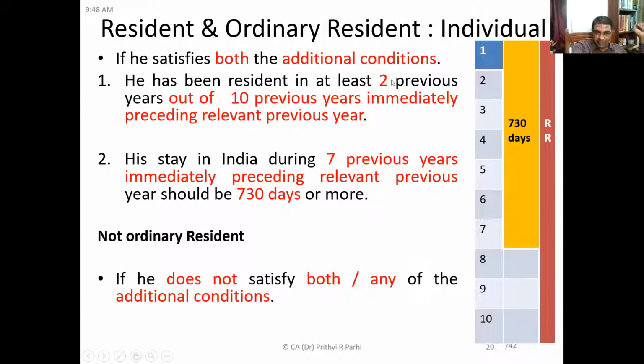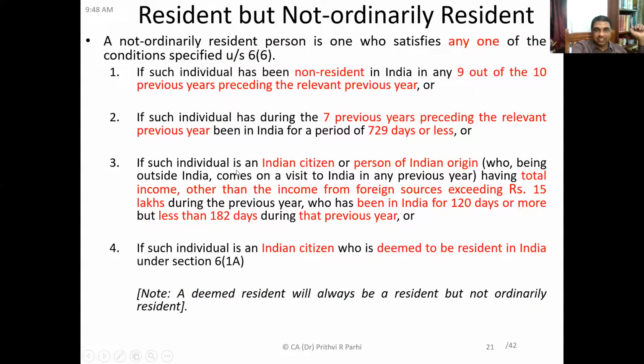Okay, so please remember these 2 primary conditions. But if you refer to the section, you have to read it like this. There are 2 more situations when a resident will be treated as not ordinary resident.